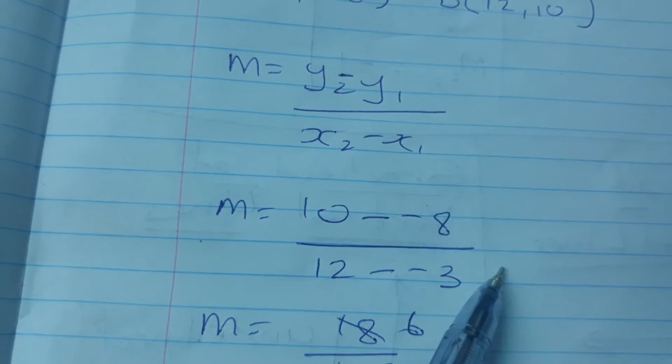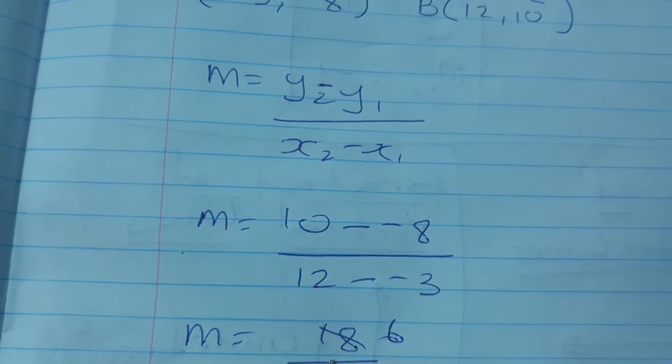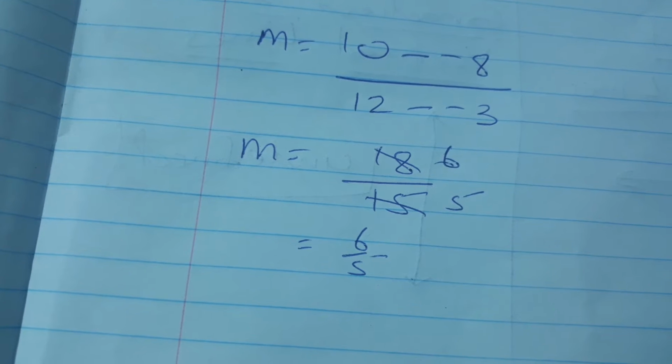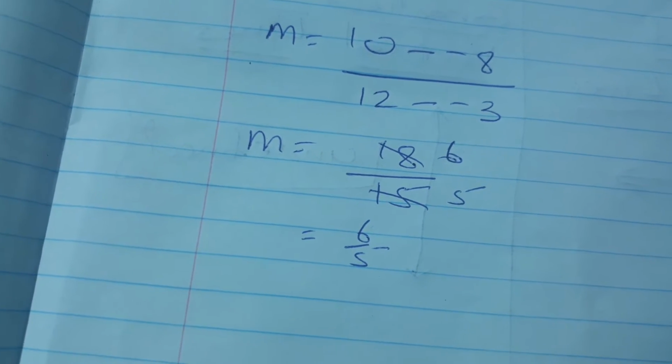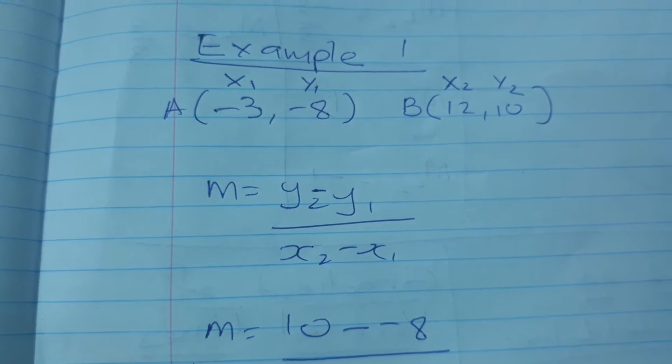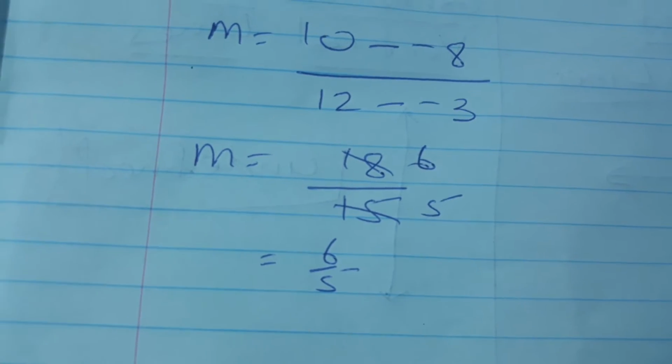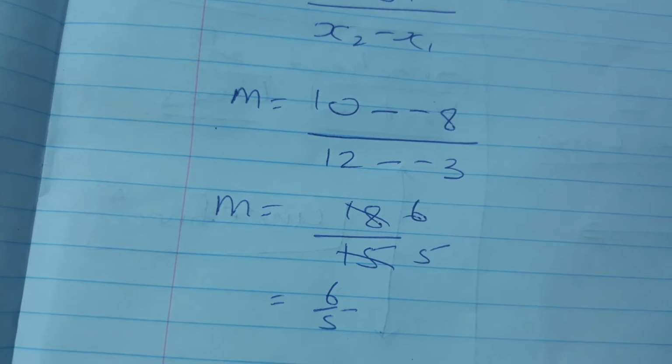So 10 minus -8 goes as 18. 12 minus -3 is 15. Once we simplify, you can see the gradient of this straight line which has the coordinates A and B has the gradient of 6/5.